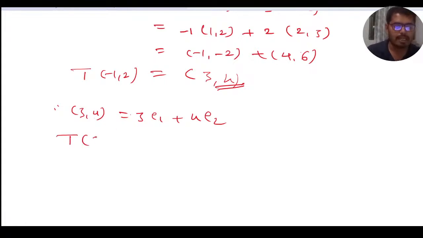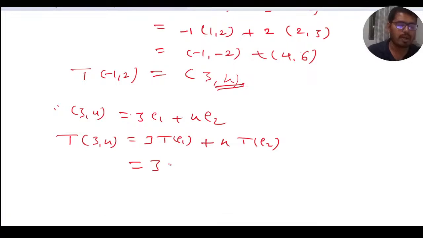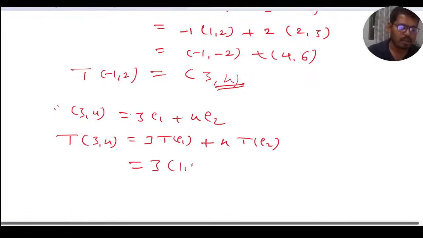Then apply T. T of 3, 4 is equal to 3 times T of E1 plus 4 times T of E2, because T is linear. T of E1 is 1, 2, and T of E2 is 2, 3.